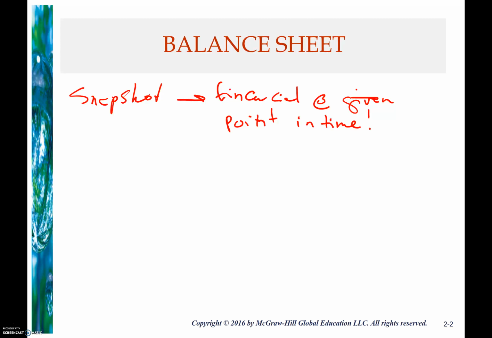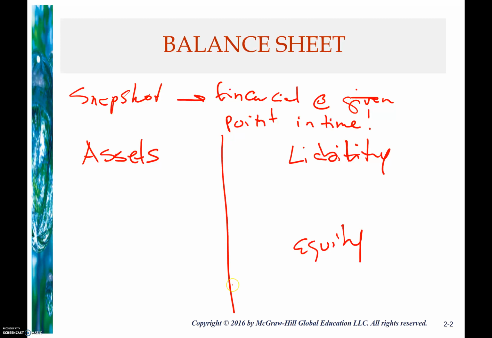So what are the main categories of a balance sheet? You have your assets on one side, right? And you have your liabilities and your equities, right? So you have your assets on the left side, liabilities and equity on the right side. Within the assets, you have your current assets and your non-current assets.